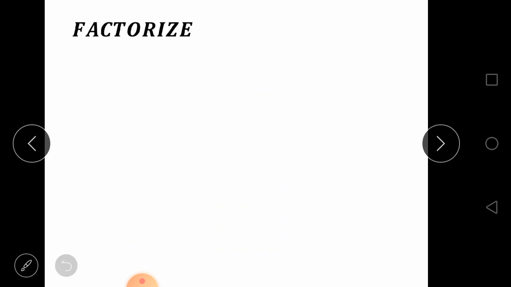Now let's go to the next one. Factorize x squared minus 4x plus 3. Again we start with x squared, and we analyze x squared into x and x. It's minus and minus. Why? Because this is minus plus, so the signs are the same.